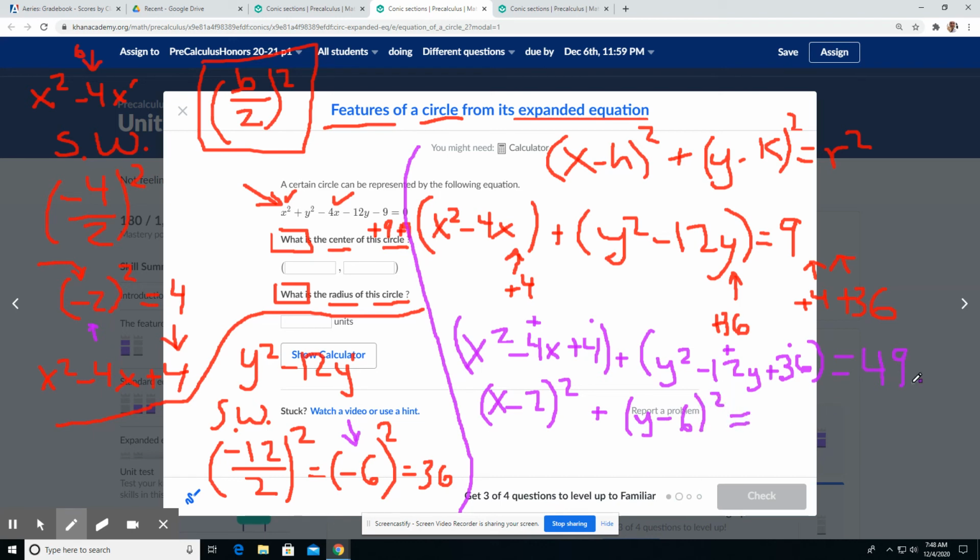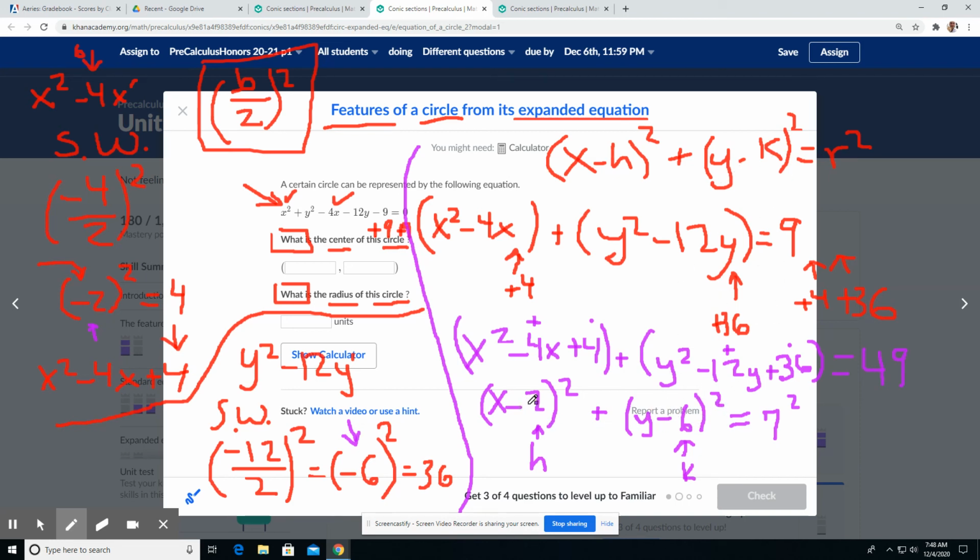Equals, I'm going to go ahead and rewrite this in terms of our r squared. So that's going to be 7 squared. So we can now see that h is 2. X minus h, x minus 2, h is 2. K is 6. Y minus k, y minus 6.